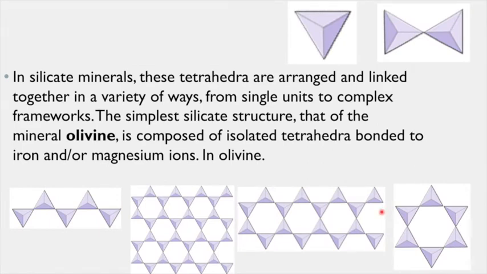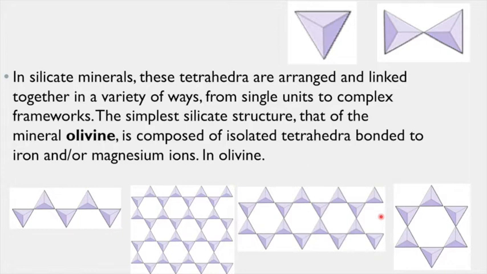In silicate minerals, these tetrahedra are arranged and linked together in a variety of ways, from single units to complex frameworks. The simplest silicate structure, that of the mineral olivine, is composed of isolated tetrahedra bonded to iron or magnesium ions.